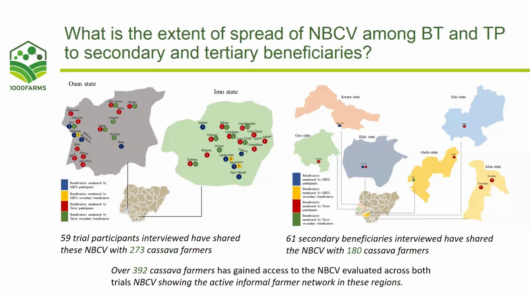So all over, in total, we had about 392 cassava farmers that have gained access, which shows that farmers are actively spreading these cassava varieties within the states, outside the communities, and also outside the regions. The study was carried out in the southwest and the southeast, but we also noted that it has gone to the south, looking at Edo State.